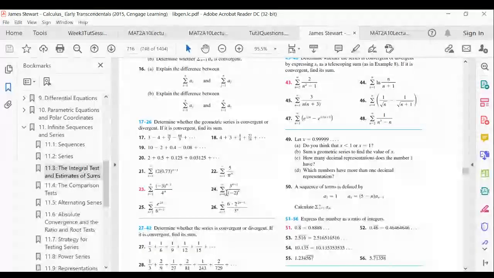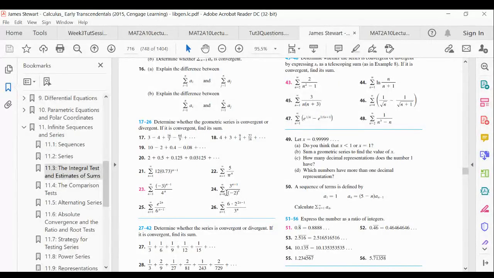Okay, so question 49 says, let x be equal to 0.9999 and so on, with an infinite string of nines following it. The first question says, do you think that x is less than 1 or x is equal to 1?